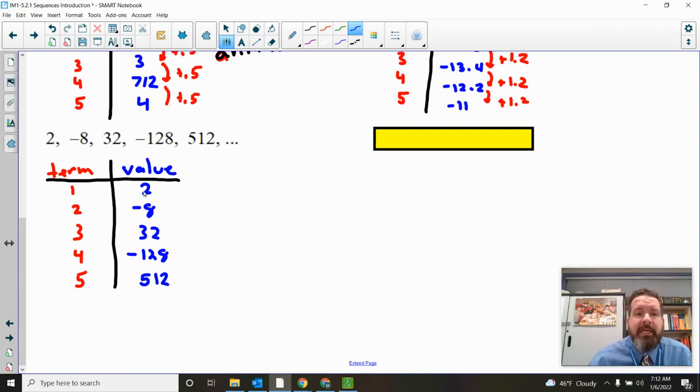Pattern 1. You see how we're switching between positive and negative each time? I can tell you from experience, and if you think about it, I think you'll understand why. Arithmetic sequences don't do that.